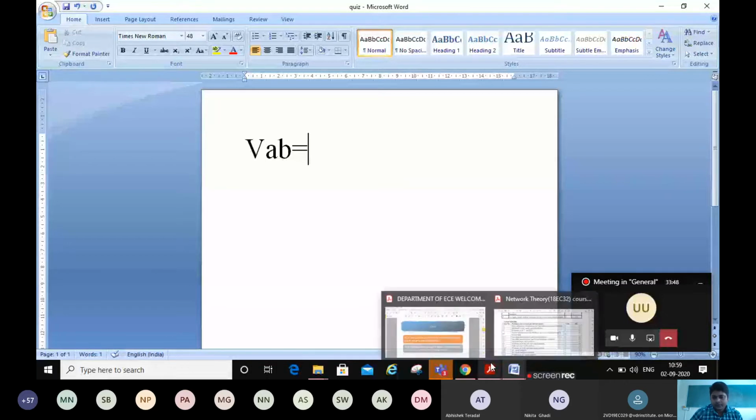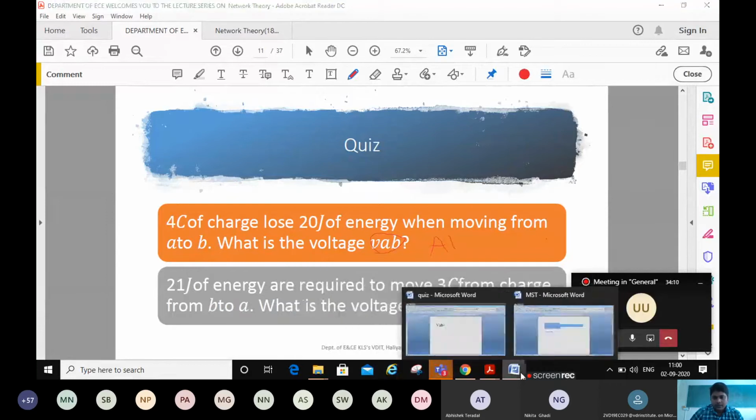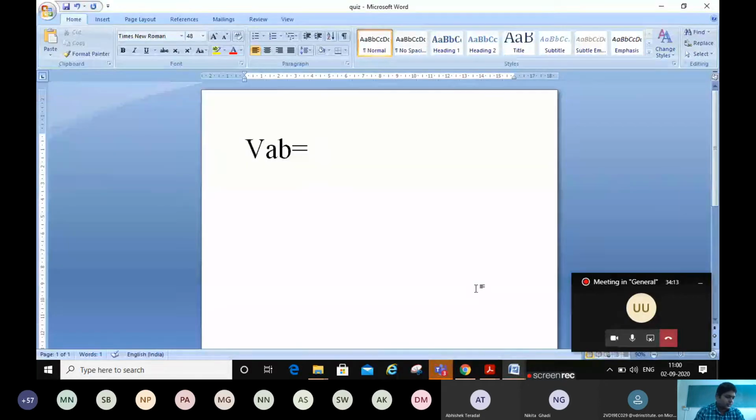What is the question there? 4 coulomb of charge loses 20 joules of energy when moving from A to B. It is already mentioned as A to B, so check the charge direction. They are specifying that the energy is being lost, right? So you just need 20 joules divided by 4 coulombs.